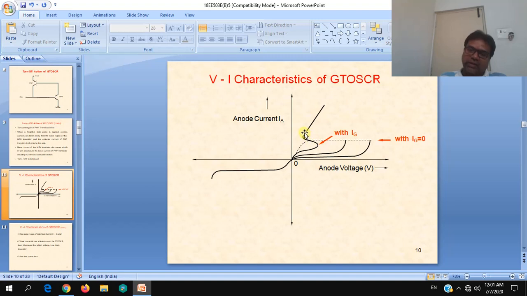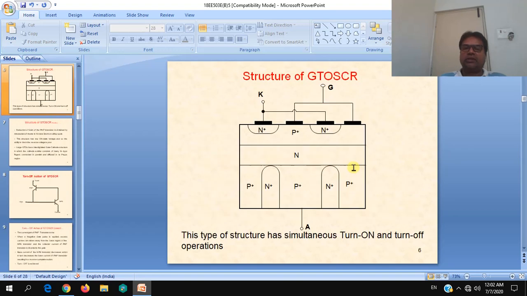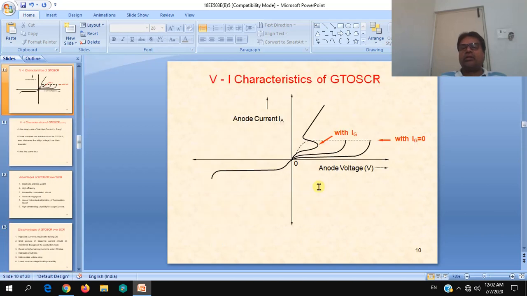As latching current is high, likewise even the holding current will also be high. If the current falls below the holding current value, it will immediately come to turn off position, and because of the construction of this interdigitated structure, there are high chances that the current decreases below the holding current value and GTO SCR falls into the forward blocking region.